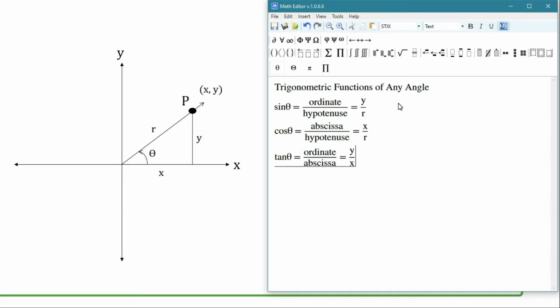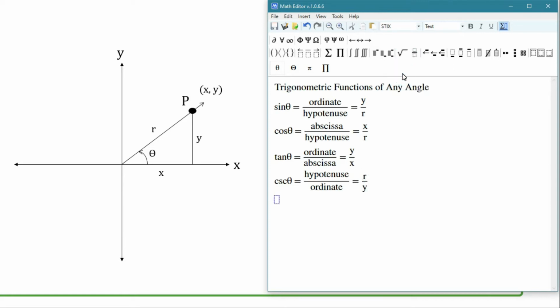The other three trigonometric functions happen to be the reciprocals of the three basic trigonometric functions, so we may easily derive them. First is the reciprocal of sine theta, the cosecant function. Cosecant theta equals, we just reciprocate, hypotenuse over the ordinate, or simply r over y.